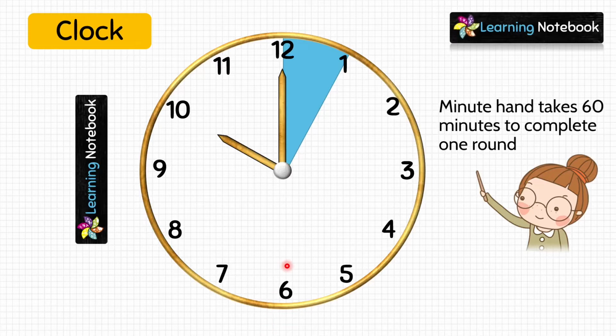Also students, you can see that hour hand, this short hand, has moved from 9 to 10. So it means in 1 hour, the hour hand moves to next number, whereas the minute hand takes a complete round of the clock.